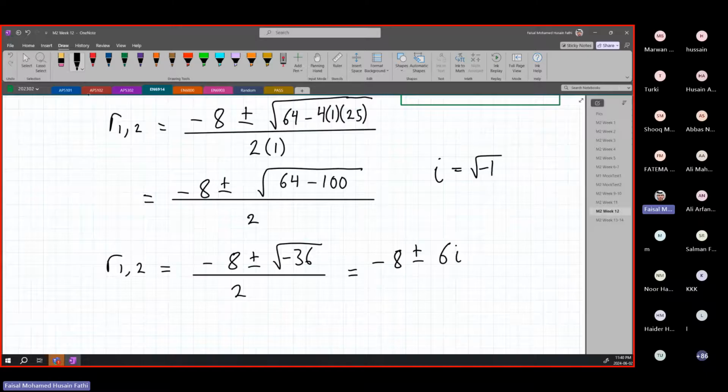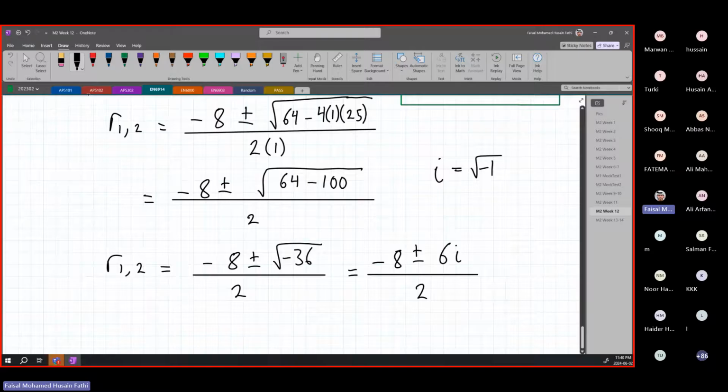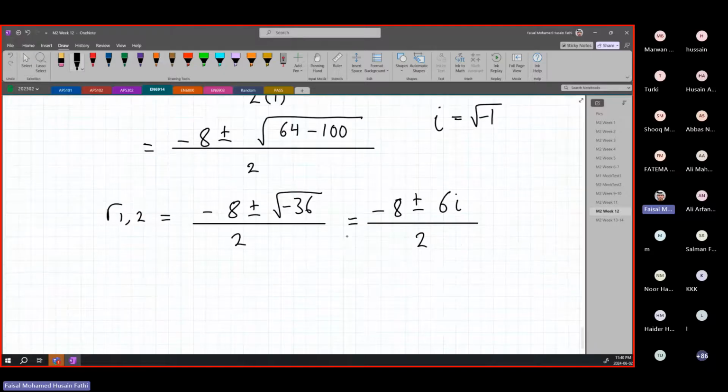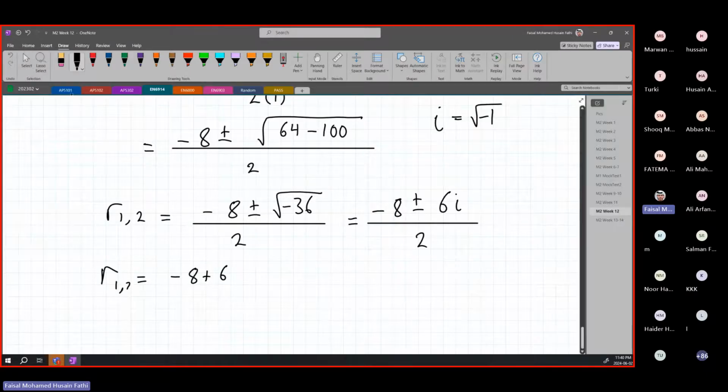So what I did here, when you do the square root of minus 36, that's the same as saying the square root of 36 times the square root of minus 1, which is just i. Simplifying this, we get r1,2 equals minus 8 plus or minus 6i over 2.